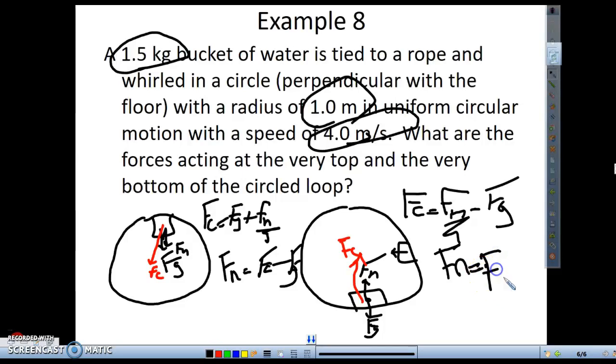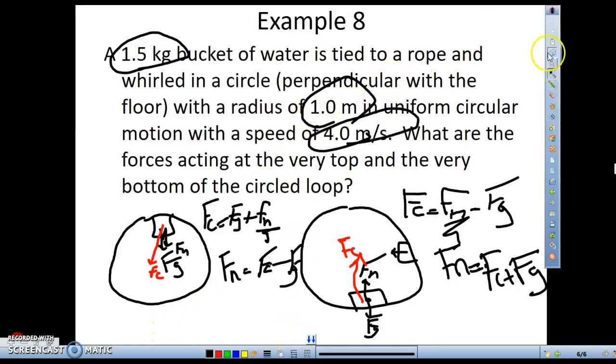Oh, I wish I brought the pointer home. All right, so here at the bottom, you can see you're going to get mv squared over r plus mg. You're going to have a feeling that is greater than just F sub g.